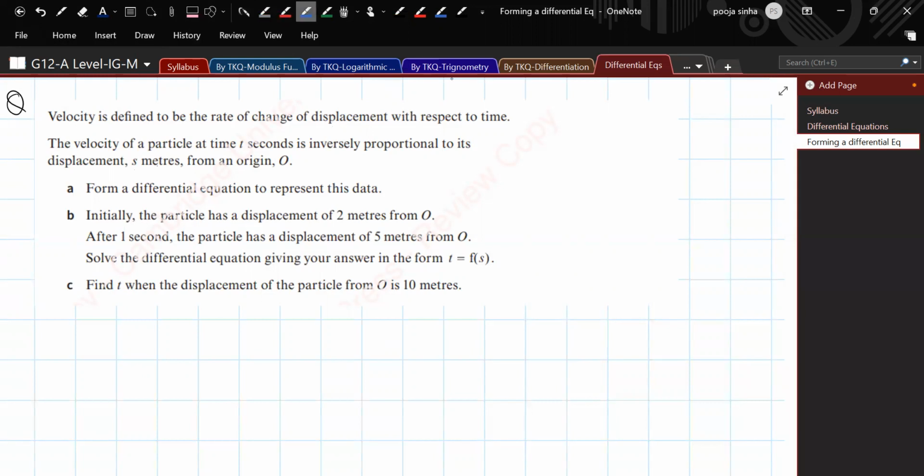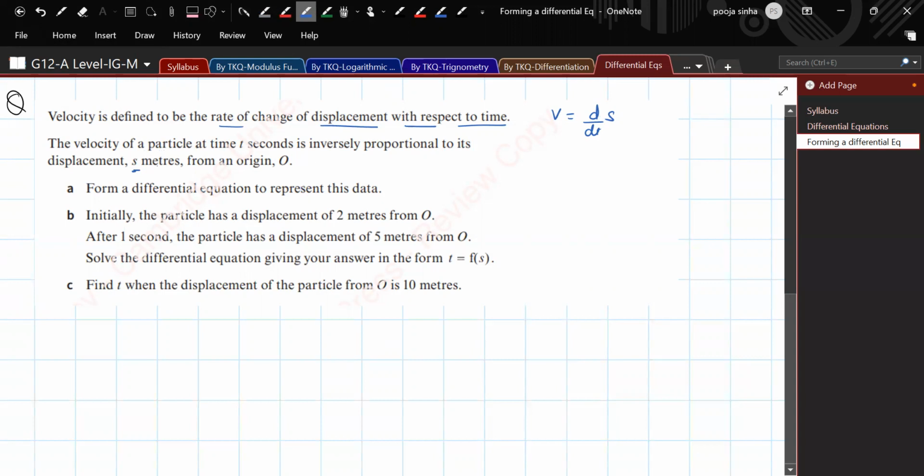So I will write v, let the velocity be v. So can I say it is d by dt of s, because it says rate of change of displacement with respect to time. So if the displacement is s, then v is ds by dt. Am I right?